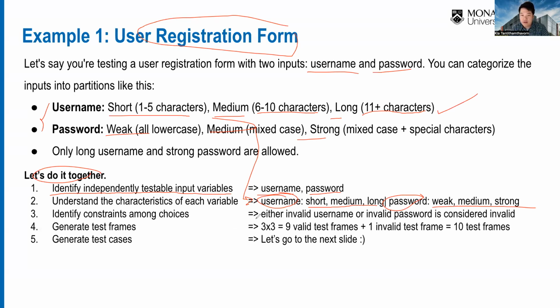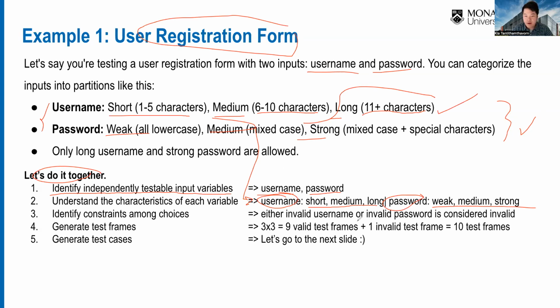There will be either an invalid username or an invalid password. Everything else is considered invalid. The only way we can register the user here is if they accept long and strong. This is what we prefer, okay? So anything below that should be invalid.